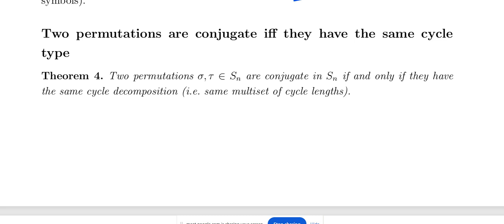அதே மாதிரி two permutations are conjugate if and only if they have the same cycle type.